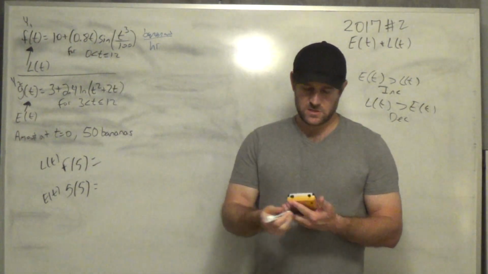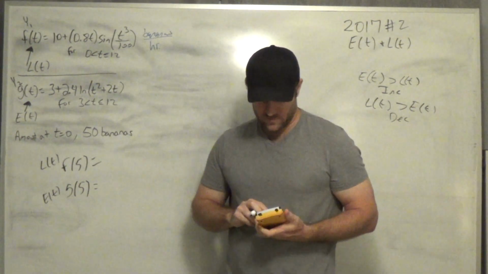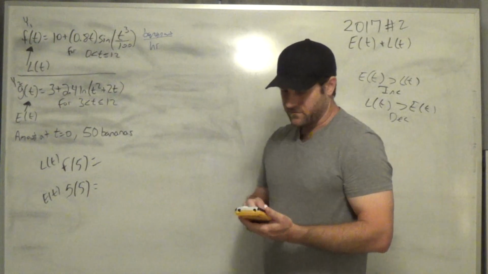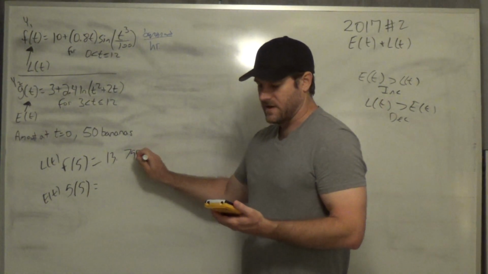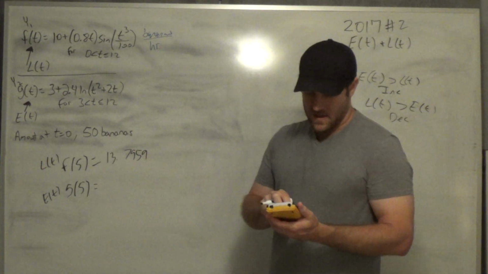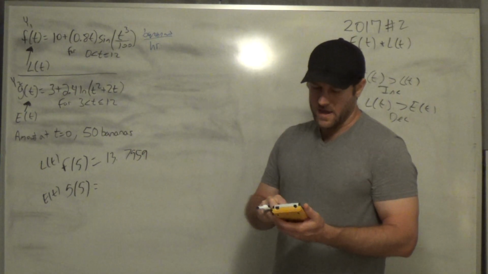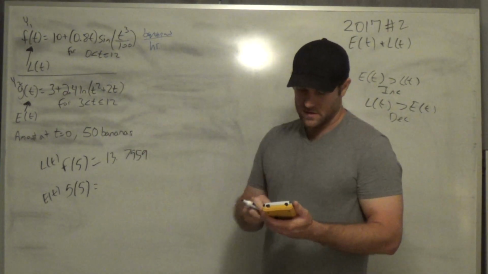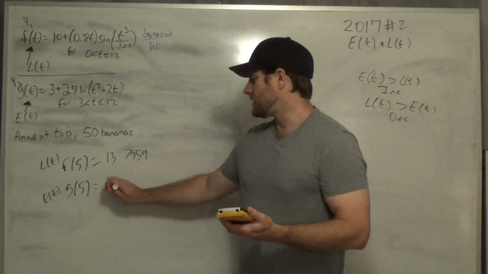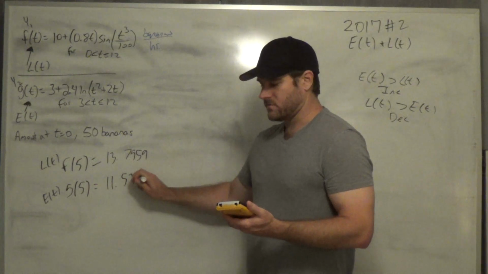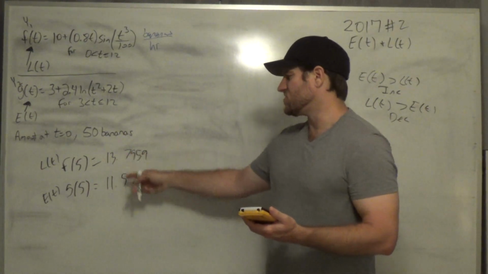So I hit alpha trace, y1. I'm going to use my hotkey and plug in a 5. And here I get 13.7959. And then in y2 I have this one. So I do y2, parentheses 5. And I get 11.5328, and I compare these two.